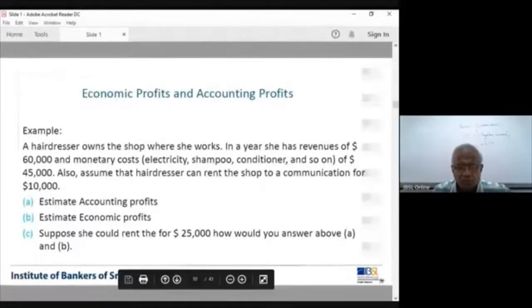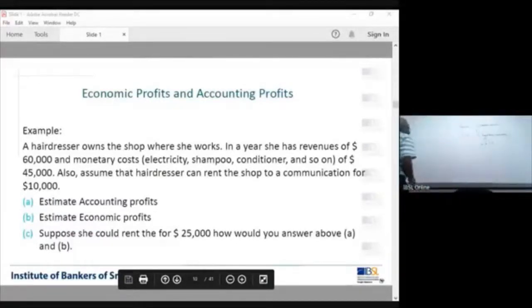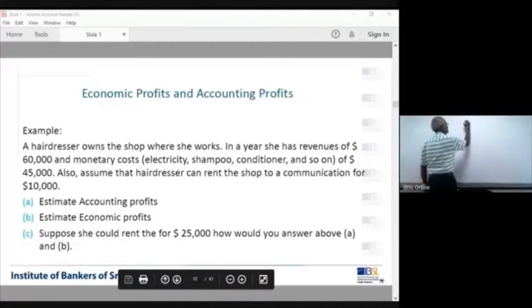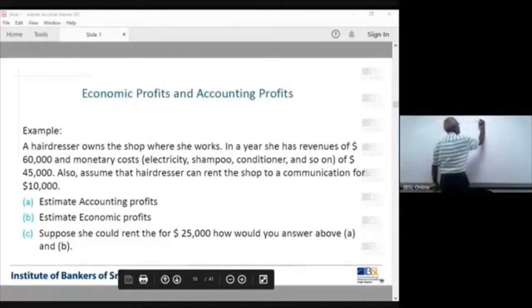This is a very important question. Earlier, this is accounting profit, very easy: 60,000 minus 45,000.